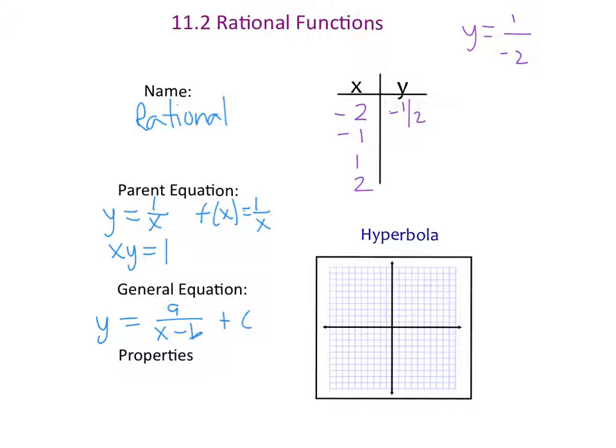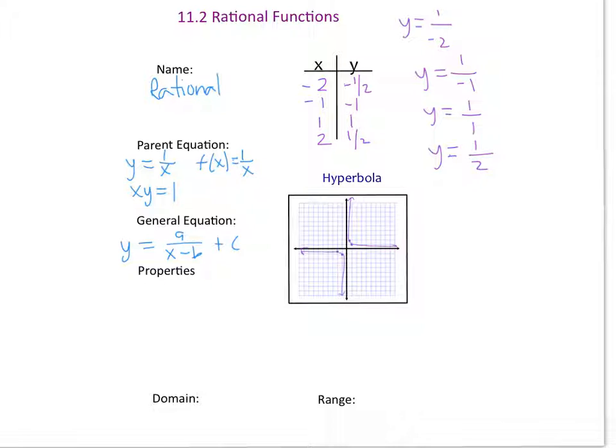If I plug in -1, that gives me y equals 1 over -1, which is just -1. If I plug in 1, y equals 1 over 1, which is just 1. And when I plug in 2, I get y equals 1 over 2, so 1/2. So let's go ahead and plot these on our graph right below.